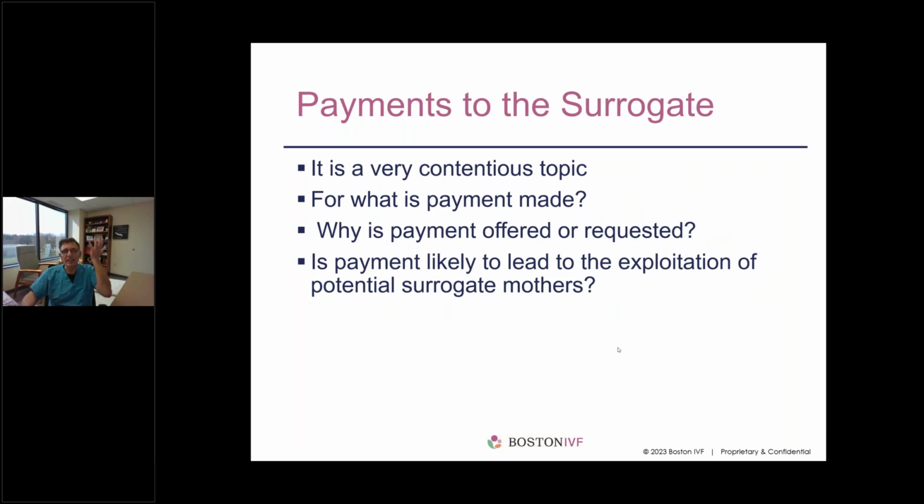The payment to the surrogate is a very contentious topic, as I mentioned before. What is payment made for? Well, the payment is really made for the time she's going through the process, the doctor visits, her prenatal visits, and all the testing she's going through. Is the payment offered or is the payment requested? A lot of people may offer to carry the baby, and then the intended parents may be generous enough to offer money, compared to somebody who is requesting the money. And is the payment likely to lead to the exploitation of potential surrogate mothers?